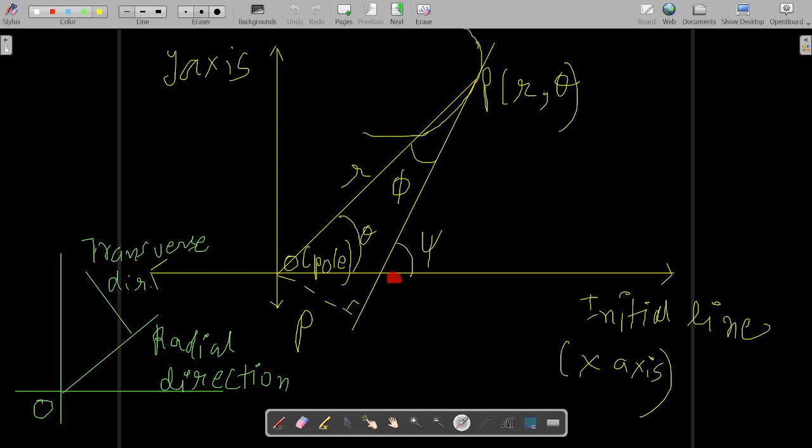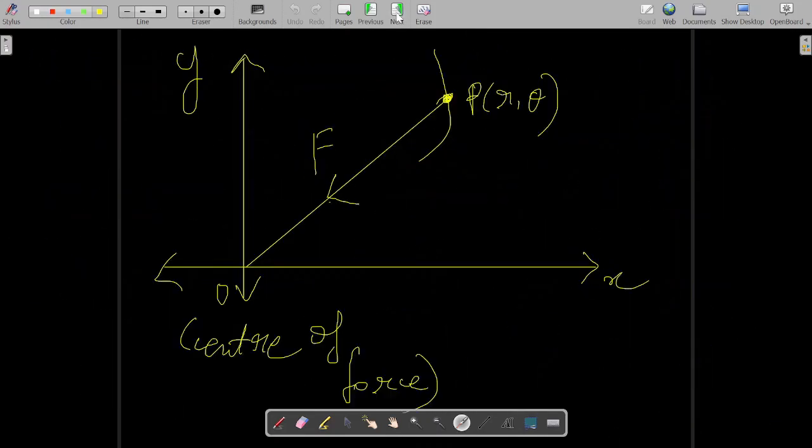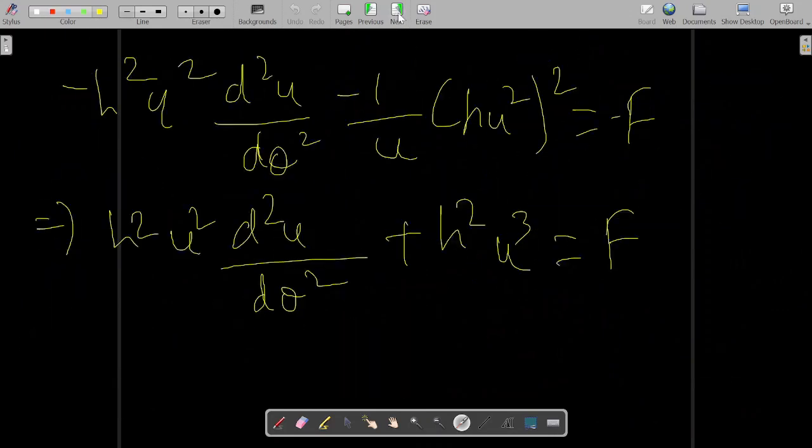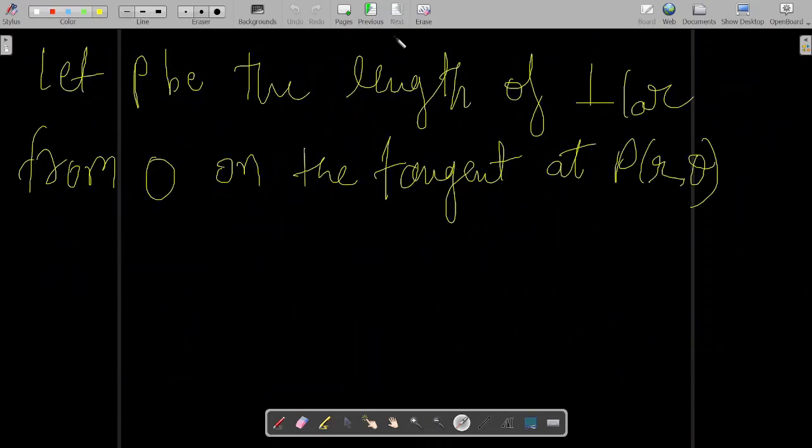This is your tangent, and this is the perpendicular to the tangent from the pole. So let P be the length of perpendicular from O on the tangent at P(r, theta). The point P has polar coordinates r, theta.